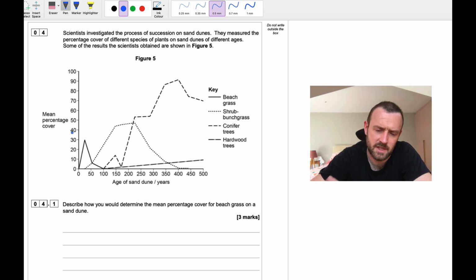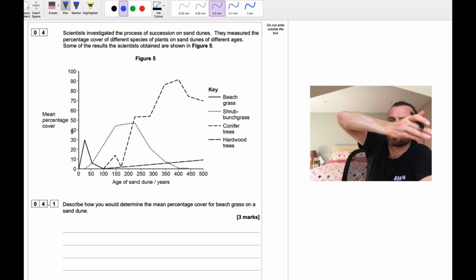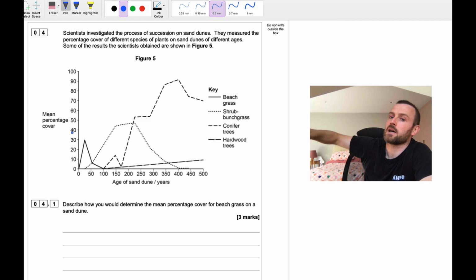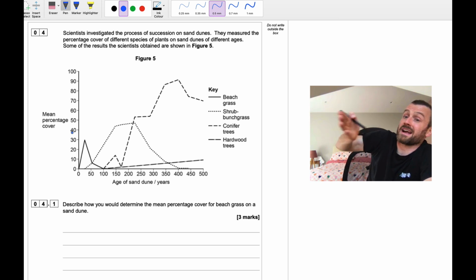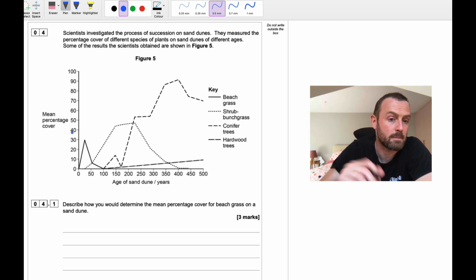Sand dunes are often studied for succession because as you move away from the coast inland, you're moving away in distance, but you're also moving back in time. The further away you go from the sea, the longer the dunes have been there, because the sand accumulates and the coastline moves out into the sea.